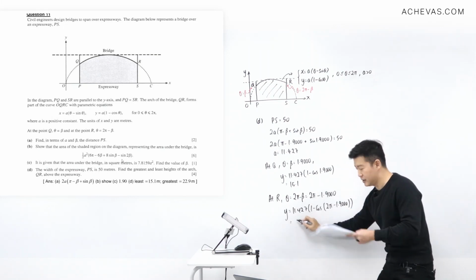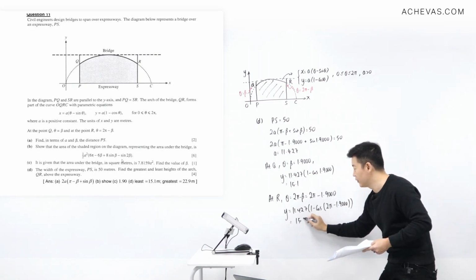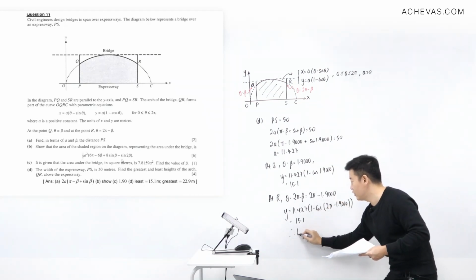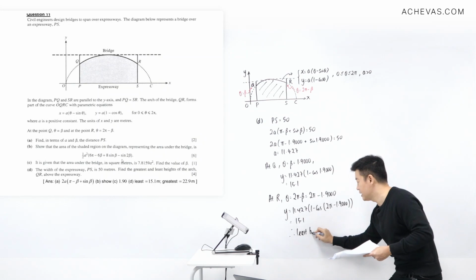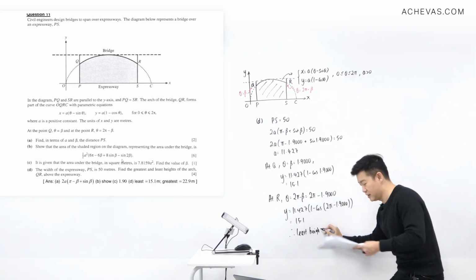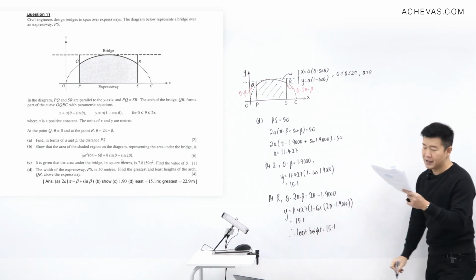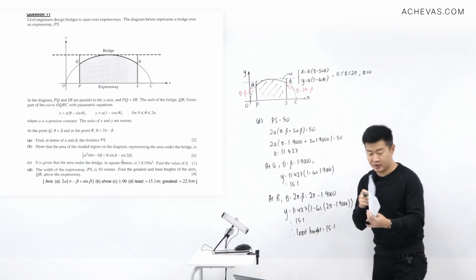Pressing this into the calculator, this is also equal to 15.1. So this gives us the least possible height: the least possible height of the arc is 15.1.